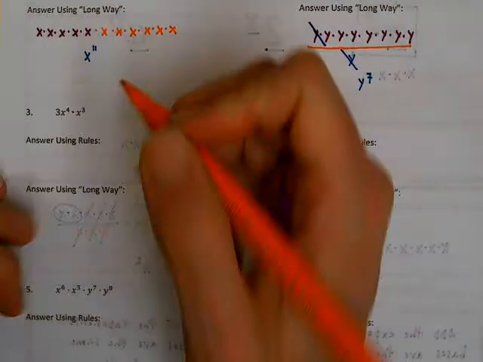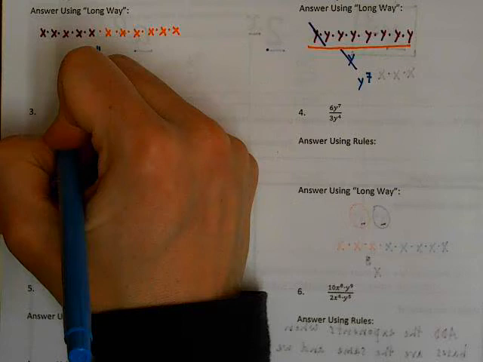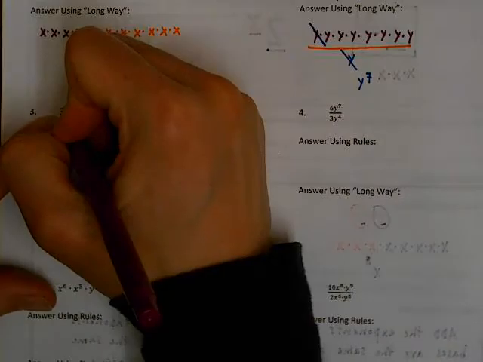All right, we'll go ahead and do one more. So number 3. So let's take a look at what's going on. I see I have multiplication. I see that my bases are the same, x to the 4th and x cubed, but I also have this 3. And we learned on the first page, if I don't see an exponent, that means it's exponent of 1.